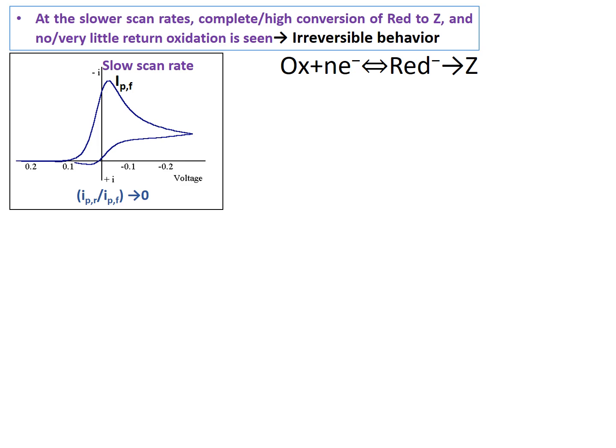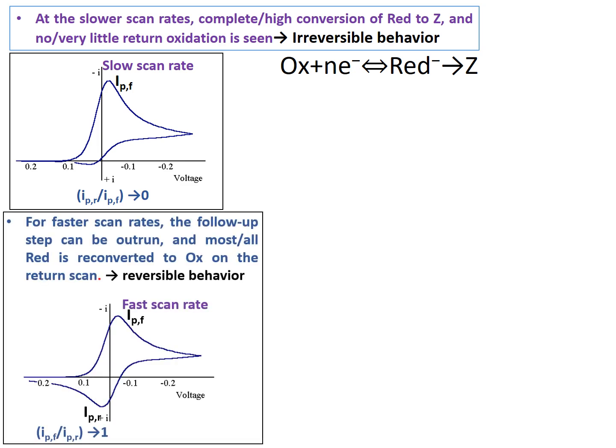Basically, at very slow scan rate, the RED formed has enough time to undergo the chemical reaction and produce the electrochemically inactive species Z. So there will be no RED species left for the reverse oxidation and no oxidation or anodic peak, or you can expect a very less intense anodic peak in the cyclic voltammetry plot. But once again, the condition applies that the rate constant of the reaction is not too small.